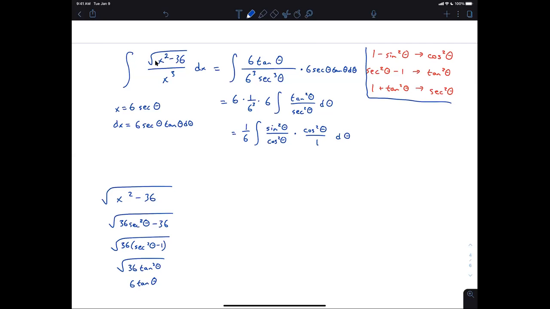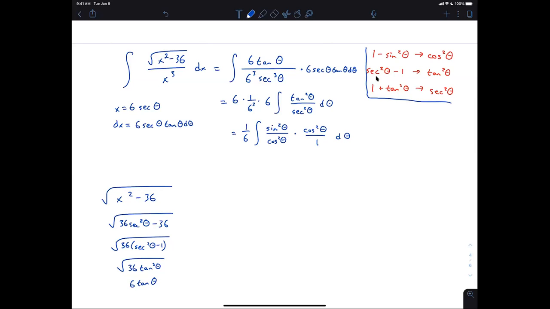So there's nothing to cancel here, so you don't put anything in the bottom, but you need to end up with 36. So you put a 6 there. And because I want to end up with a positive trig function squared, I know that secant squared minus 1 is tangent squared. I knew I was going to end up with a trig function there minus 1, so I wanted secant there. Does that make sense?